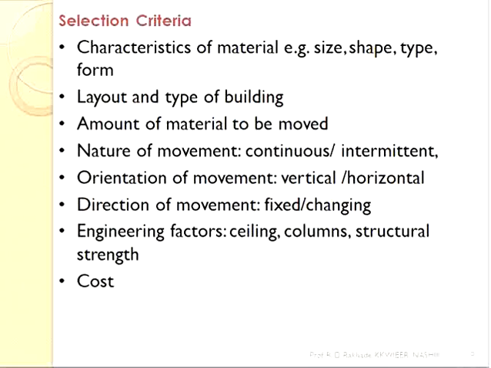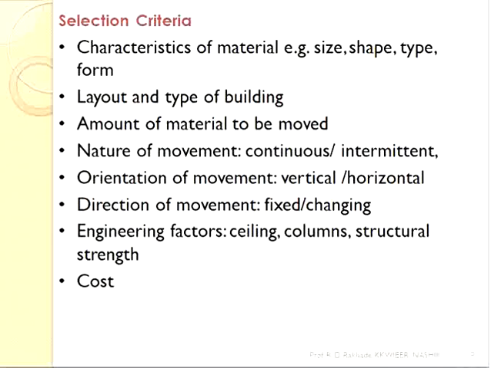Now we move towards the concluding part, that is the selection criteria or parameters deciding the material handling system. First criterion is the characteristic of material, which depends upon size, shape, type, and form of material. Then next, layout and type of building, that is, maybe we consider product layout or process layout or job or fixed type. Then amount of material to be moved, means how much amount, maybe small size or big size.